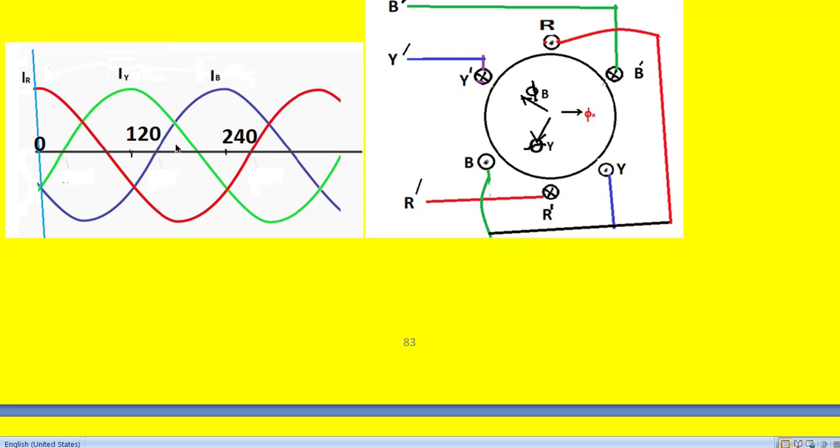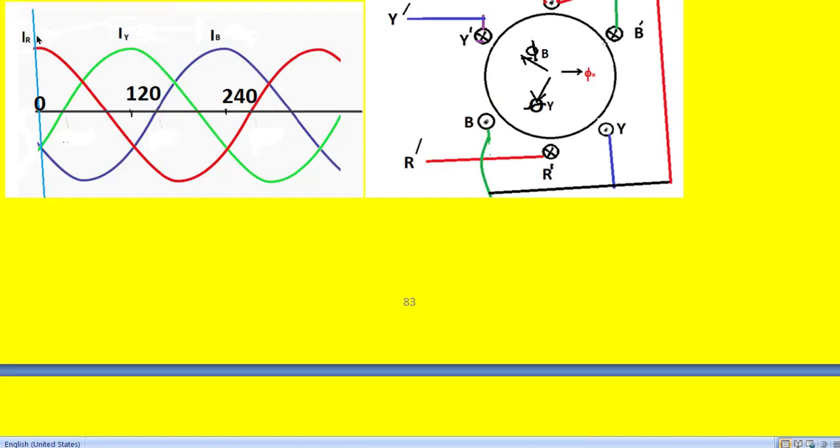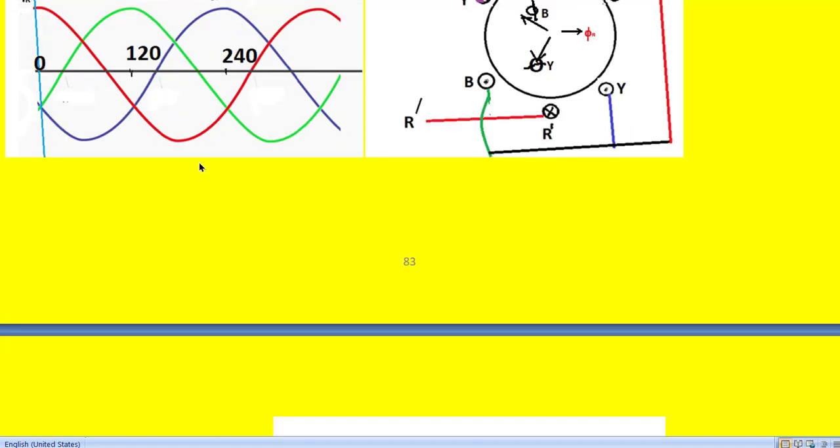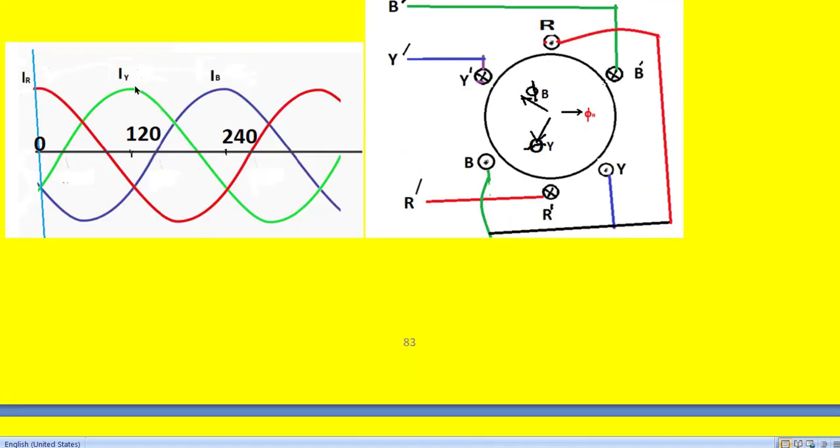So keeping this waveform in mind, we can write the current waveform equations. IR we can write as Im cos theta, because on the x-axis it is theta, which is nothing but the angle. Similarly, the Y phase current we can write as Im cos (theta minus 120).